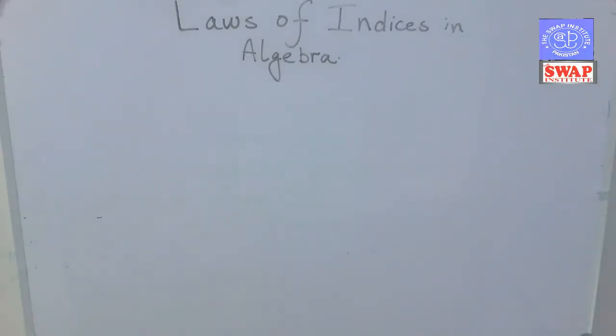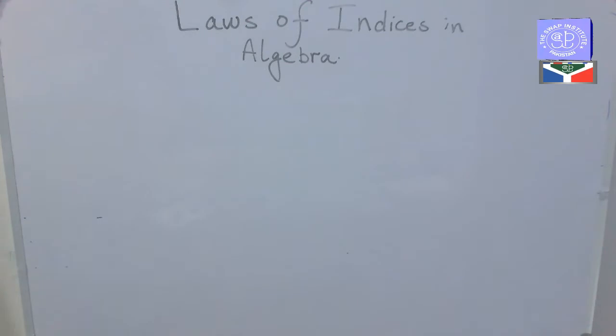You can see in chapter 1 you used indices to work with numbers. The same laws of indices that you met there will also be applied in algebra. The thing you must remember is this, and I will explain it.